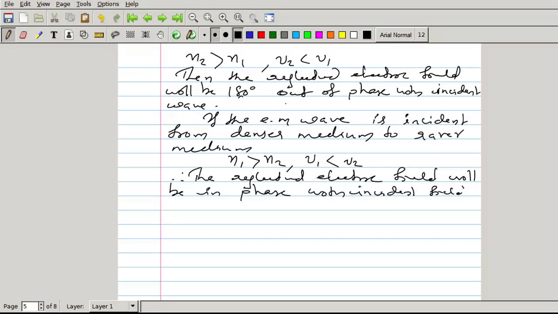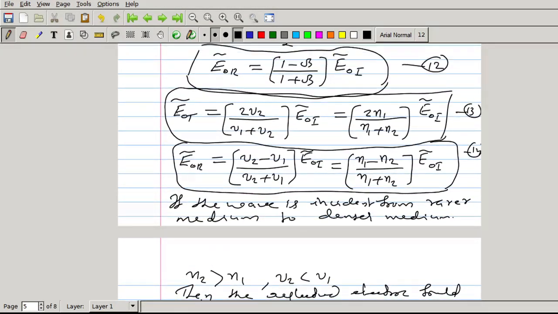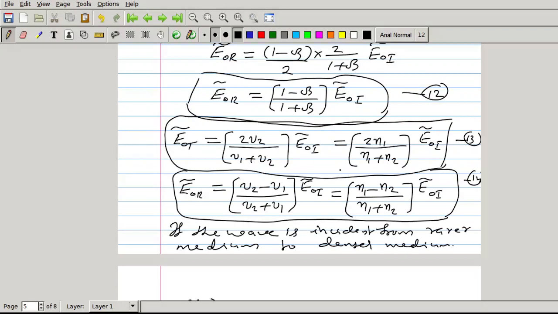So the phase can be the same or different: there can be zero phase difference or 180-degree phase difference between the incident wave and reflected wave, depending upon the optical density of the medium or the velocity of the wave in that medium.